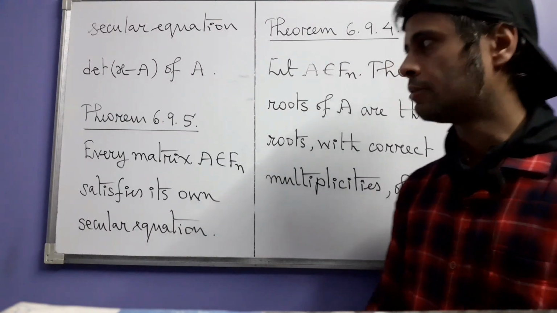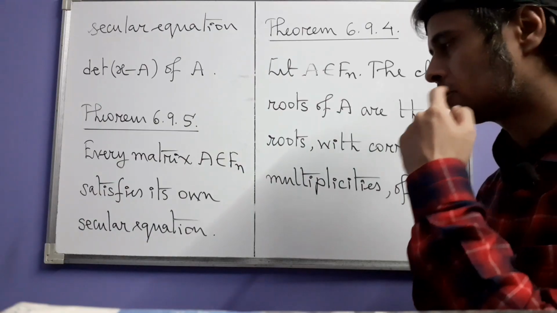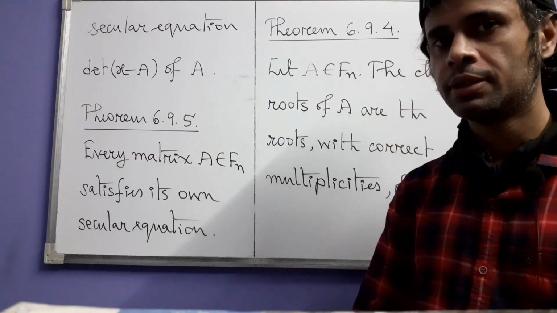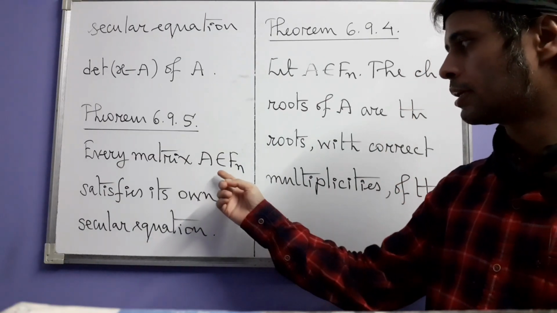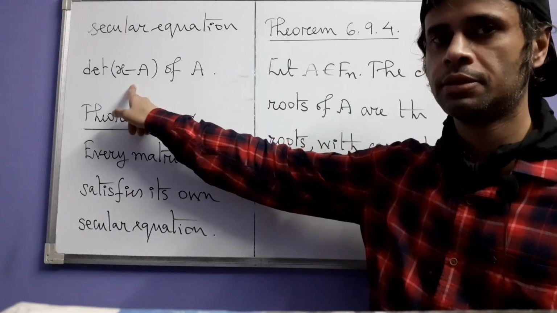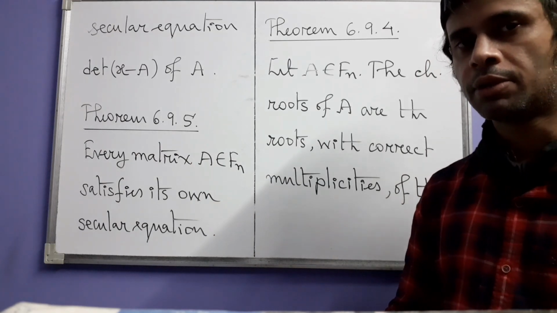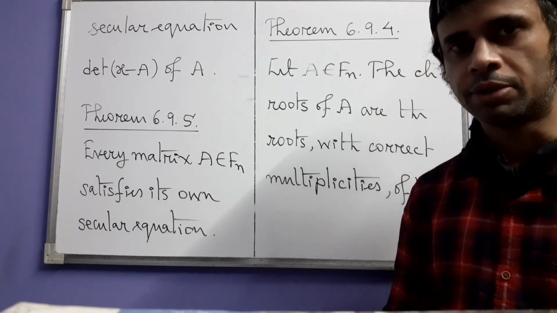And finally, you have theorem 6.9.5, which has a name also. It's called the Cayley-Hamilton theorem. It tells us that every matrix A in Fn satisfies its own secular equation. What does it mean? It means that if you replace x with A, you are going to get the n by n zero matrix.